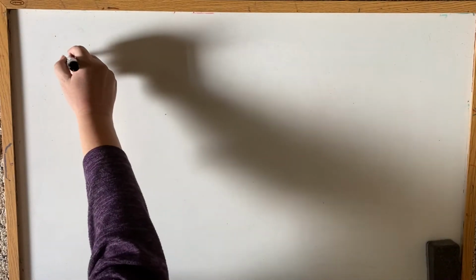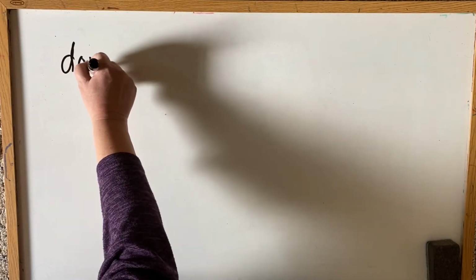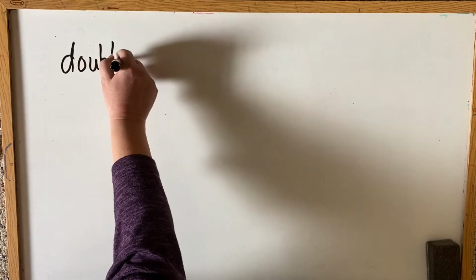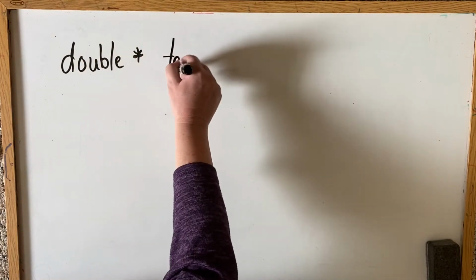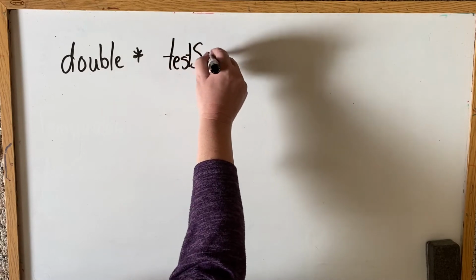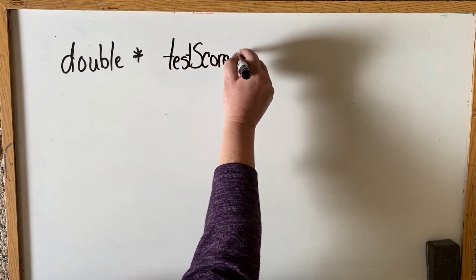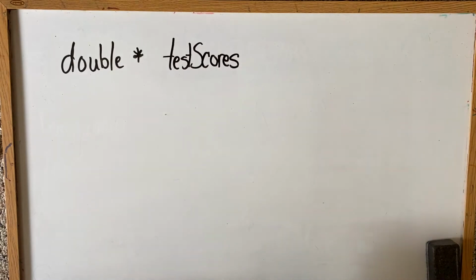So let's create an array of doubles. And let's say that we think we're going to have 3 test scores.